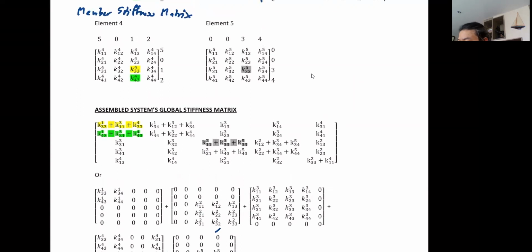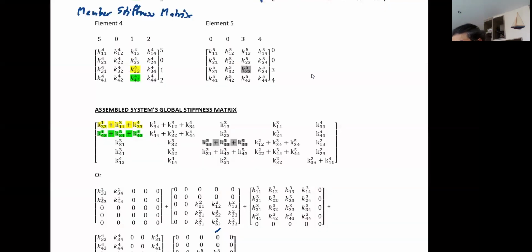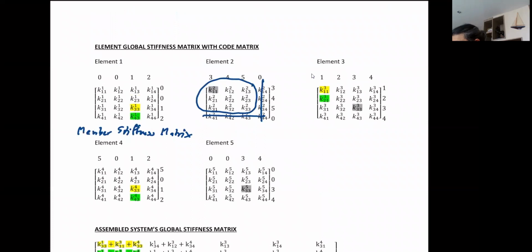And we go back again to the code. For member number 3, it is 1, 2, 3, 4. So everything goes for member number 3, because member number 3 is just hanging in the air, not attached to any support at all.